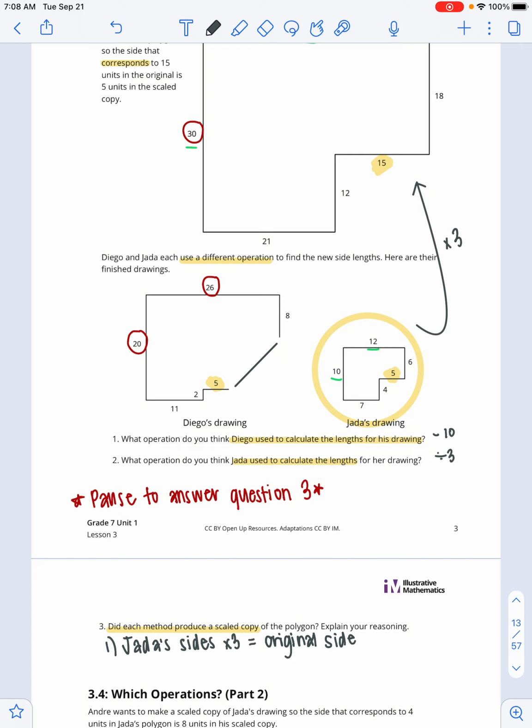And 2 is the angles in the scaled copy equal the angles in the original.